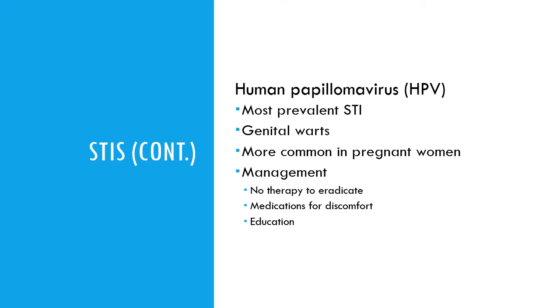Management for HPV includes keeping the area clean and dry. We want them to wear cotton underwear and aid their immune system. Okay, we want to ensure that they stay healthy. The warts typically resolve on their own from their immune system strength. And then we also want to try to prevent the spread of HPV, and this includes abstinence, as well as vaccines such as Cervarix and Gardasil.